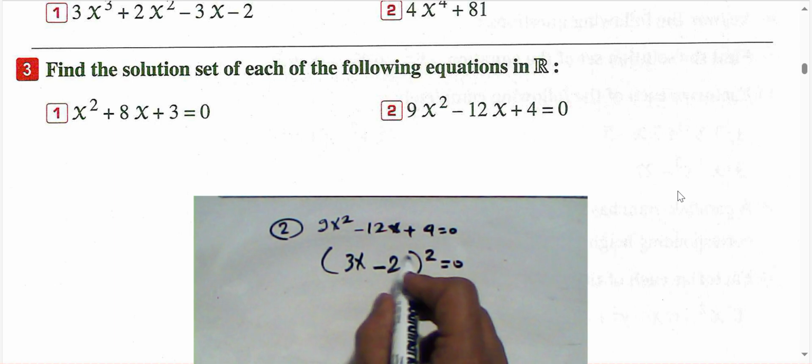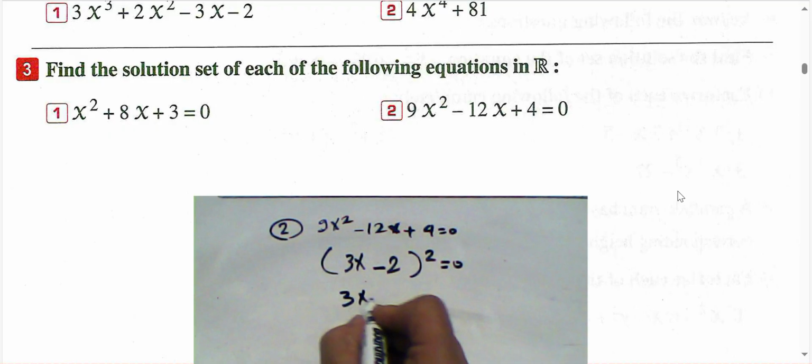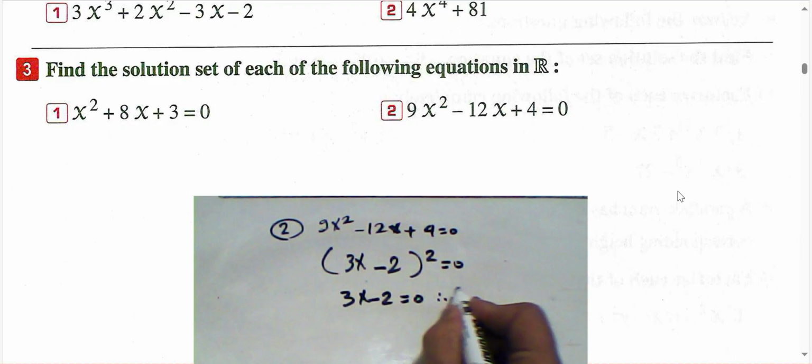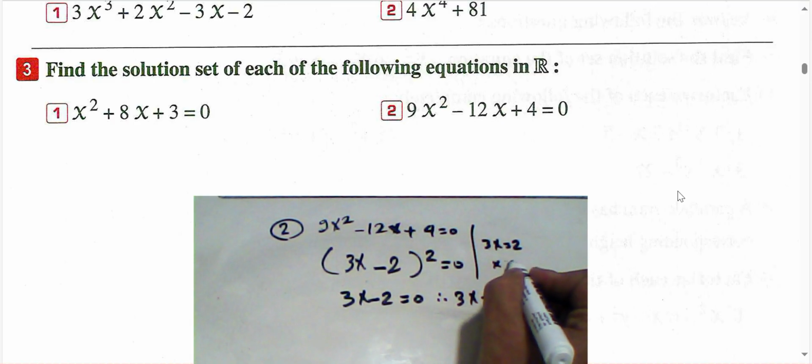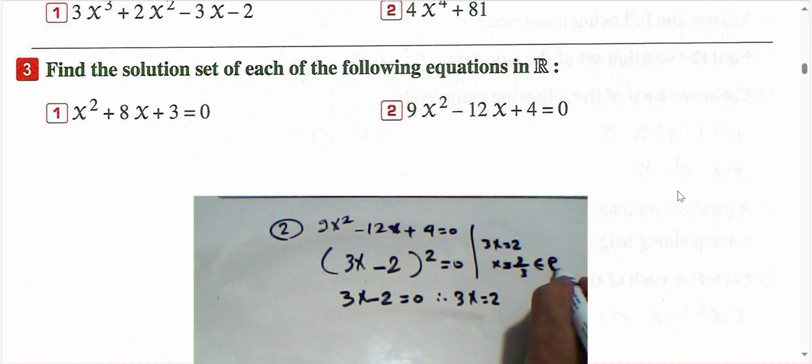We can take the square root of the left-hand side and right-hand side, then 3x - 2 = 0, then 3x = 2, so x = 2/3. It belongs to the real numbers, and the solution set is {2/3}.